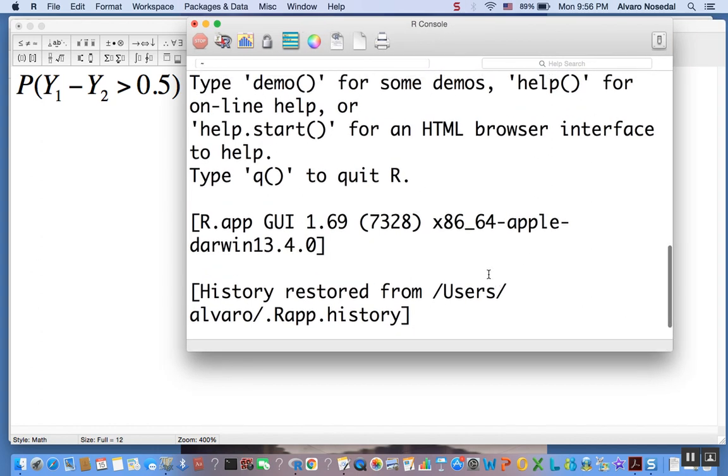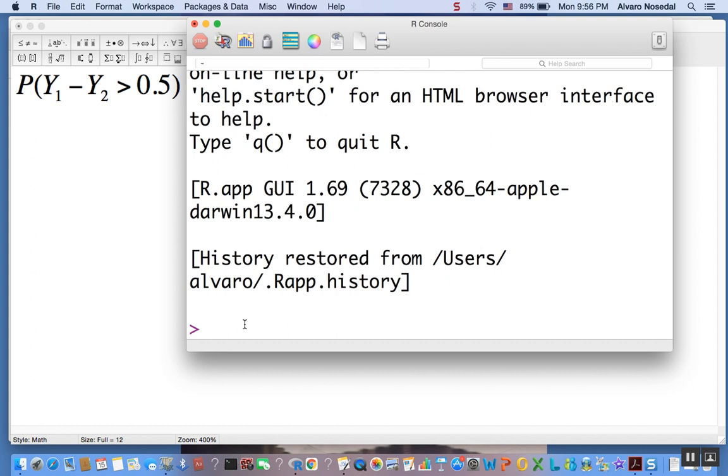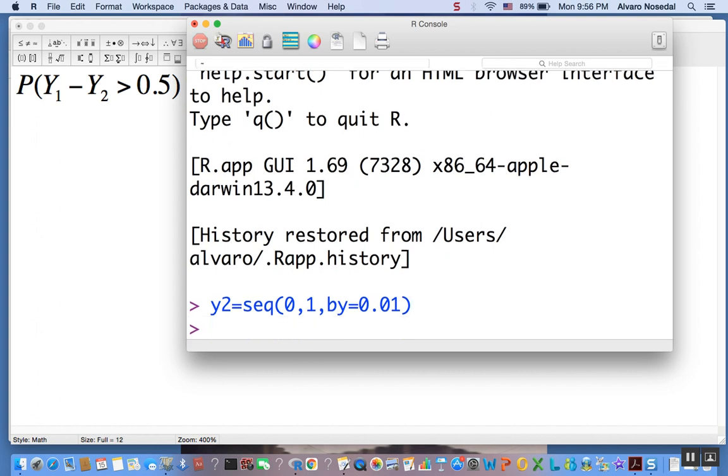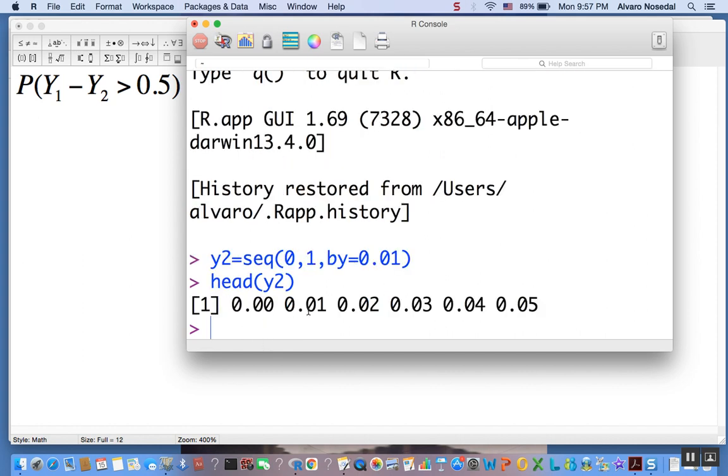So first, remember that y2 is a number between 0 and 1. Let me create a sequence of numbers that starts at 0 and ends at 1, with a difference of 0.01 between each of those numbers in that sequence. For instance, let me show you the first few elements of that sequence we just created. Make sense?